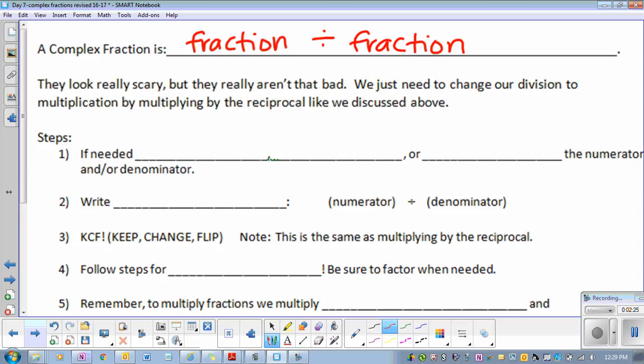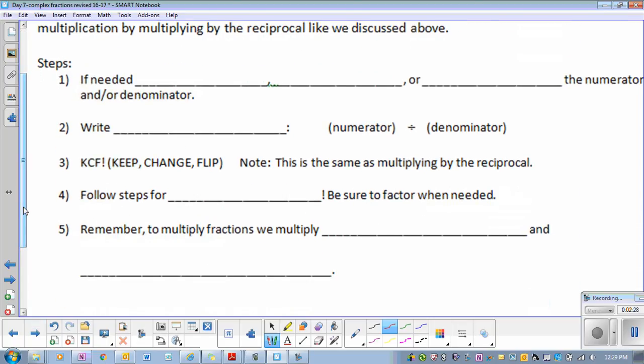So step 1. Here's what you do. If needed, you need to add, subtract, or simplify the numerator and/or the denominator, okay?